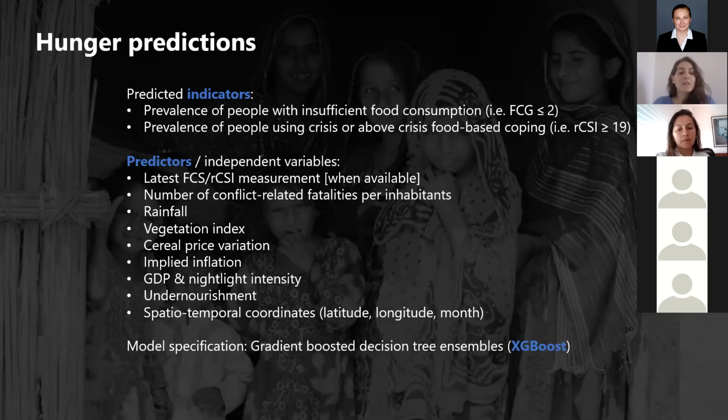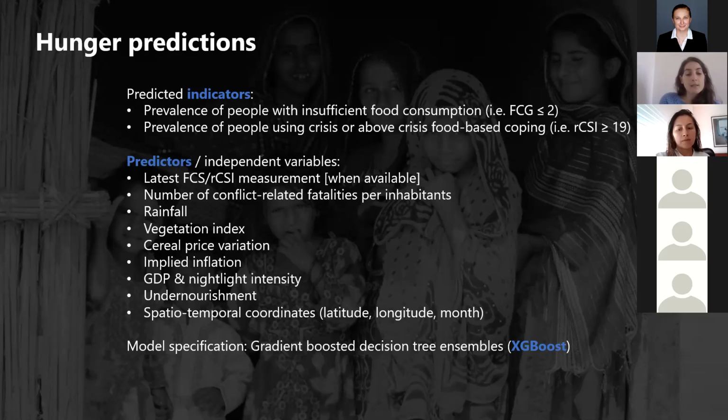And then we selected a list of independent variables to fuel the model, of predictors. When it is available, we use the latest FCS or RCSI measurement, according to which indicator we want to predict. Then from ACLED, we look at the number of conflict-related fatalities in the area. Then we look at rainfall and vegetation from the satellite imagery.